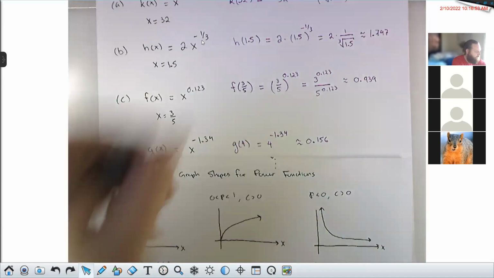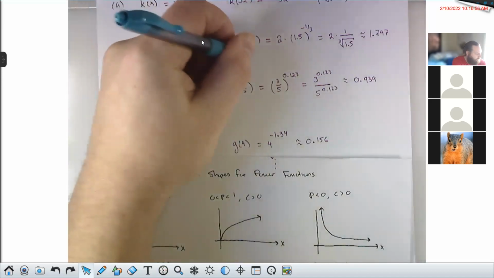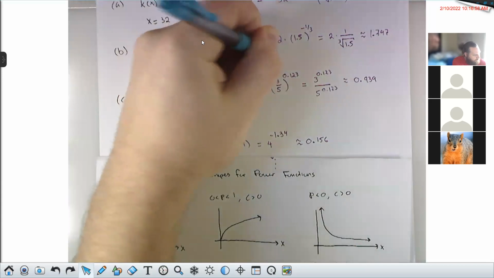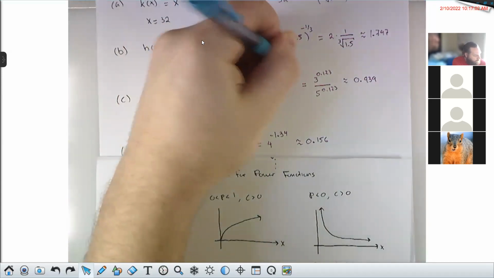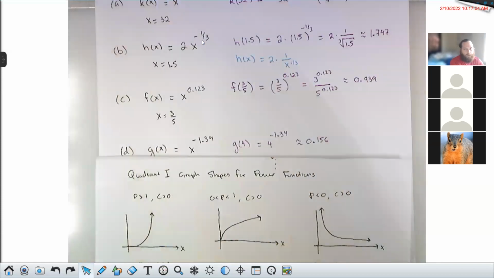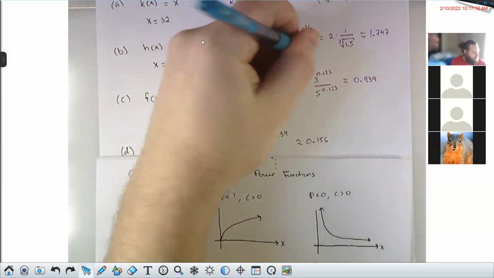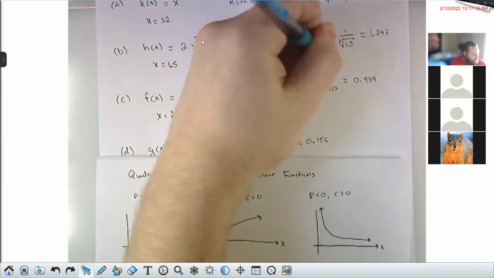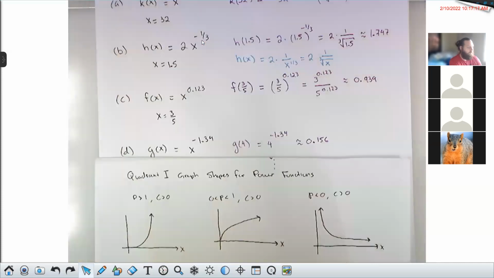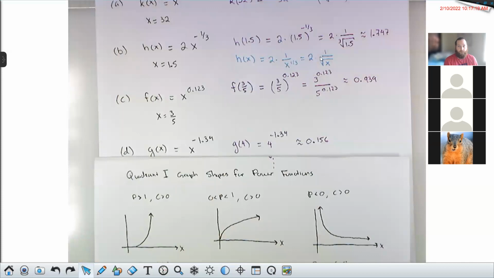If I apply my rules for exponents here, I see this is 2 times 1 over x to the positive 1/3. Right? The negative power brings it downstairs. And that's the same as 2 times 1 over the cube root of x. So there's a variable downstairs in this fraction. And if you were to plug in 0 for x, you'd be dividing by 0.